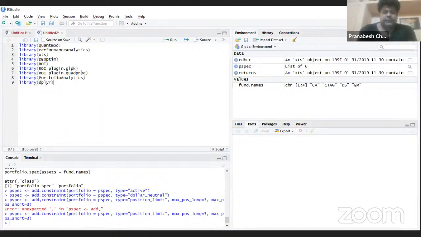It's used for plotting and all of that. We'll see that. Mostly your ggplot and other advanced plotting libraries are part of your dplyr package.